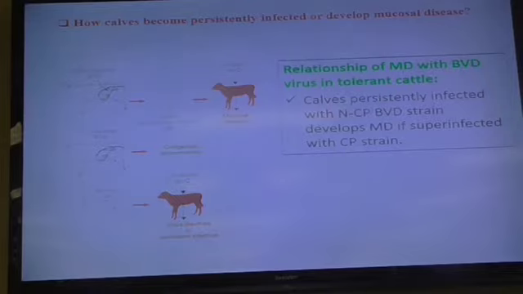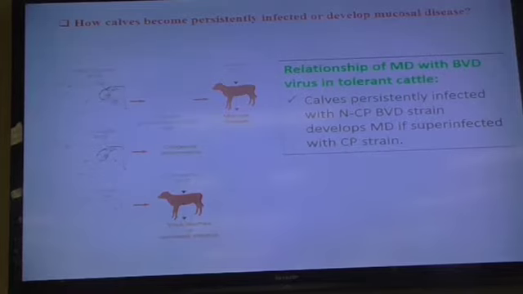Could you please explain that again? Okay, at the top here, what you have is the embryo, which is infected with the non-cytopathic virus, one of the biotypes of the virus. After it is born, this calf will shed the virus persistently.